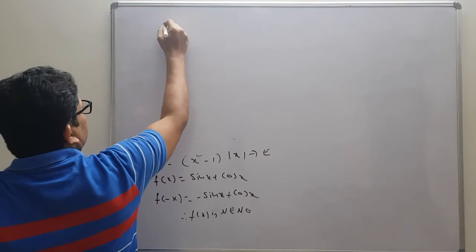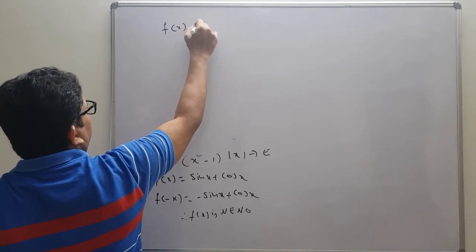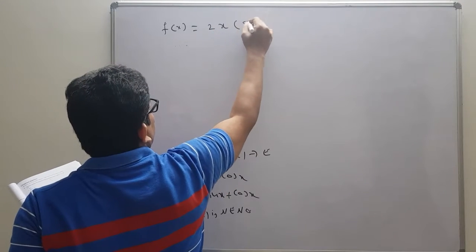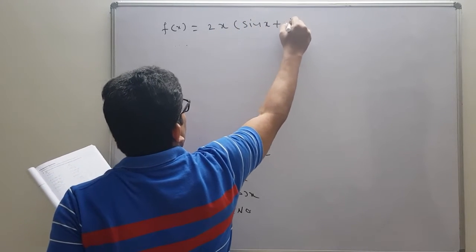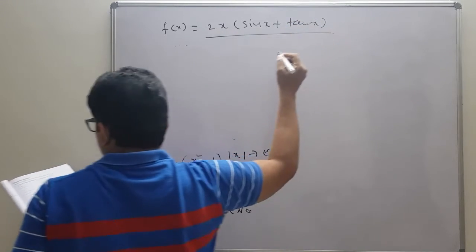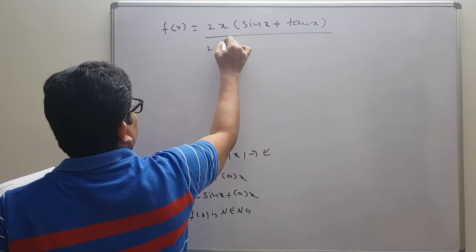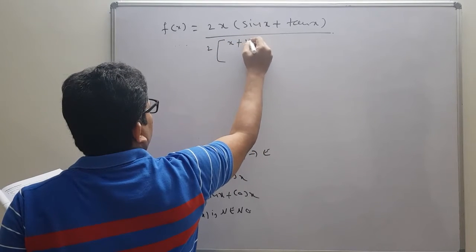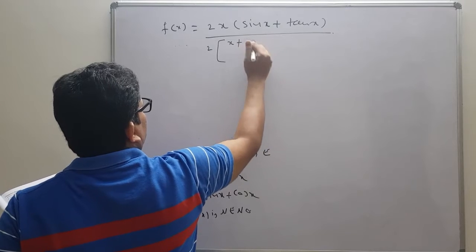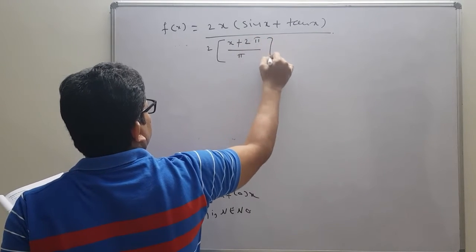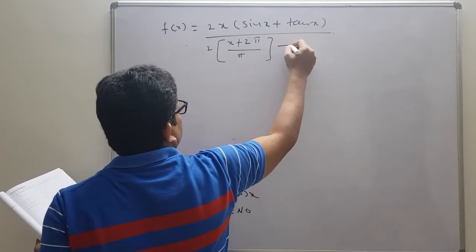f of x equals 2x into (sin x plus tan x) divided by 2 times the greatest integer of (x plus 2 pi divided by pi) minus 3.